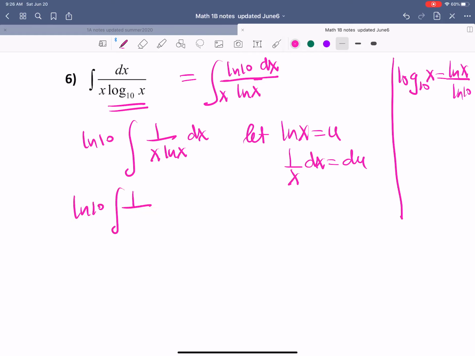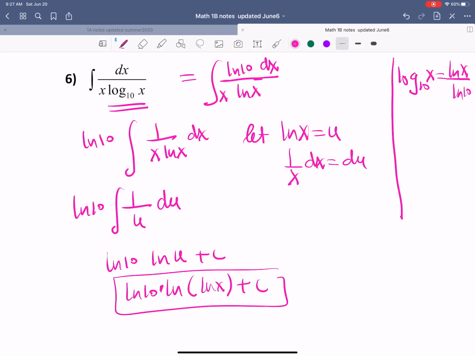Natural log of 10 times 1 over u du is natural log of u plus c. Okay, let's replace the u by whatever we called the u, so it's natural log of natural log of x, plus c. So here's our solution, and that's the end of this video.